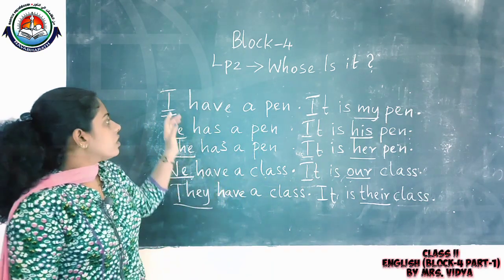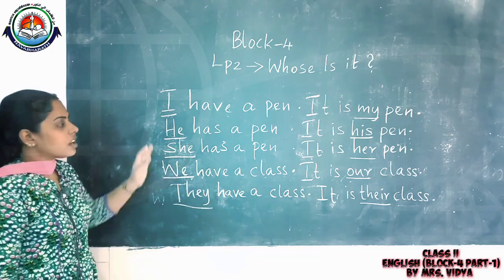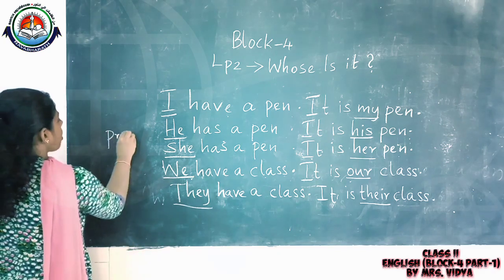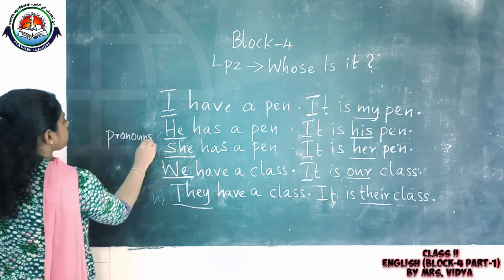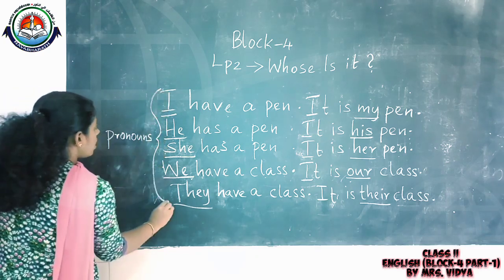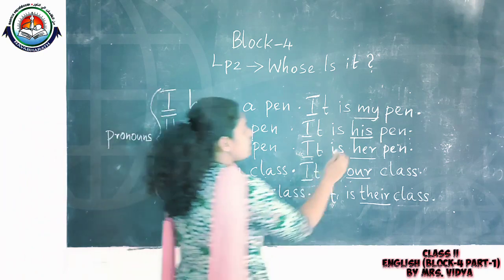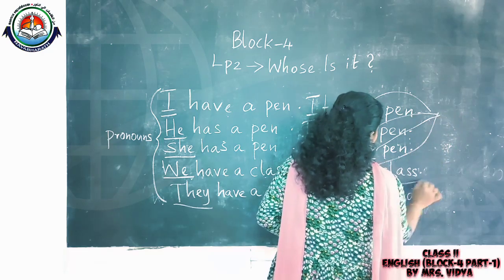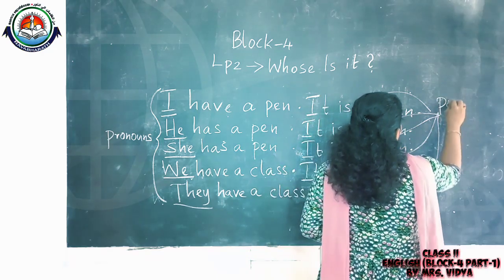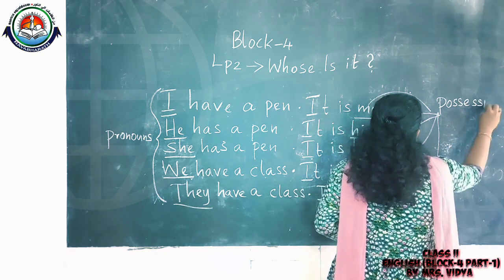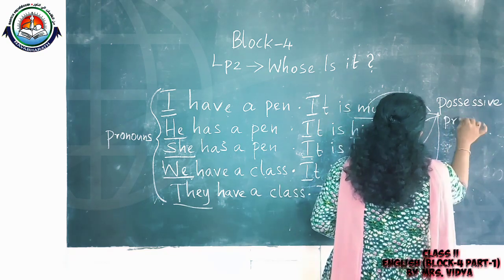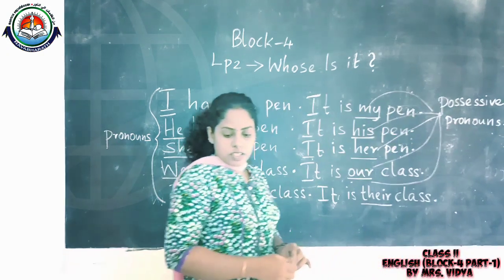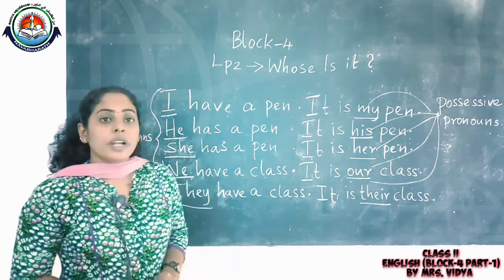Okay. So, these words, I, he, she, we, they, are called pronouns. And these words, my, his, her, our, their, are called possessive pronouns. These words are called possessive pronouns. So, did you understand?